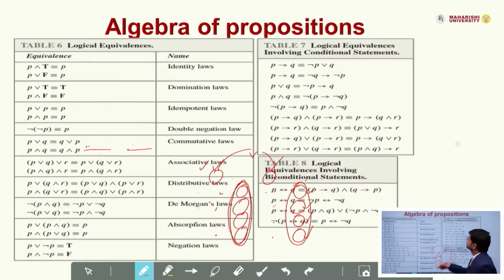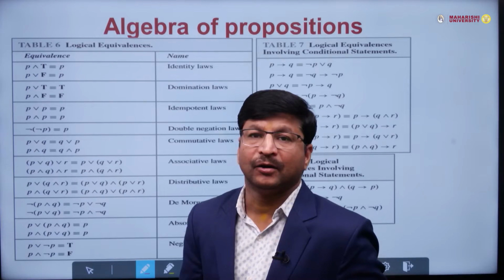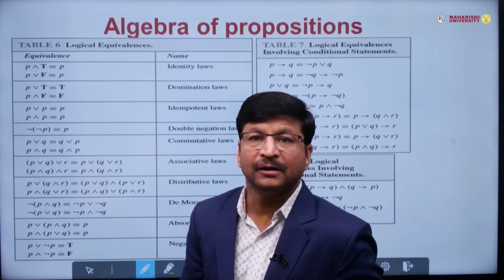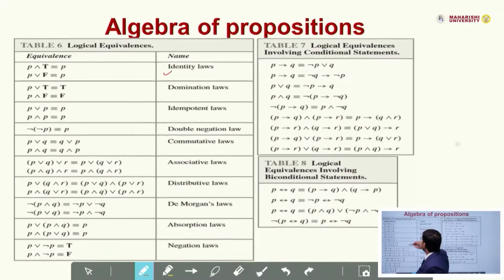Now, these are some algebra for logical operations. We have to remember all these laws, so that we can apply them on various propositional logic. For example, the first one is the identity law. P and true both depend on P. Why is it?